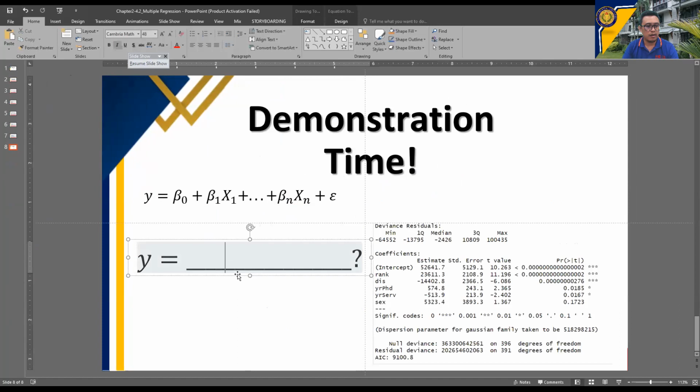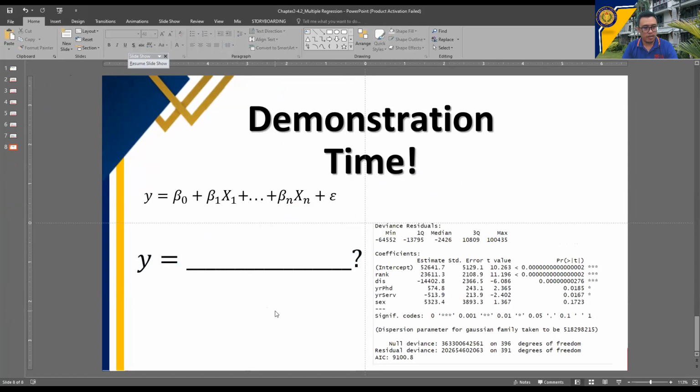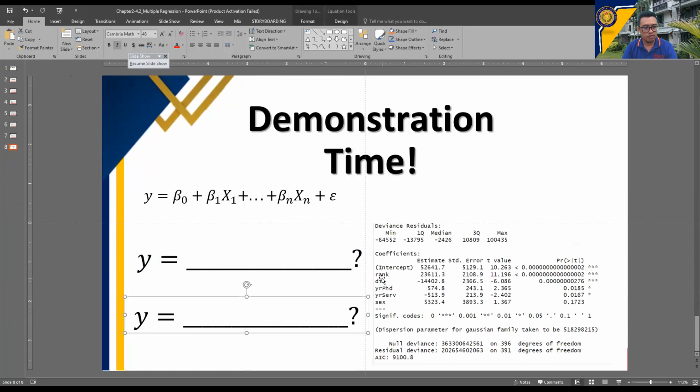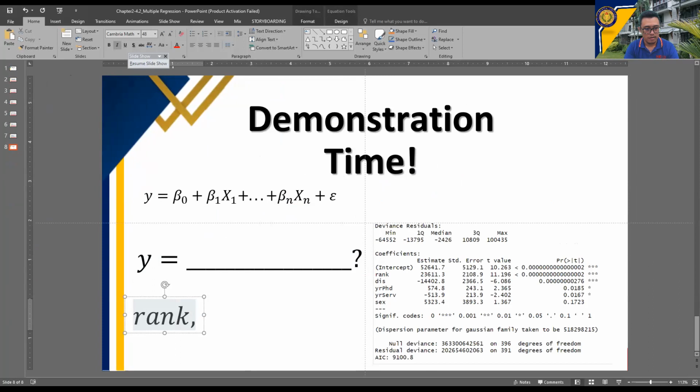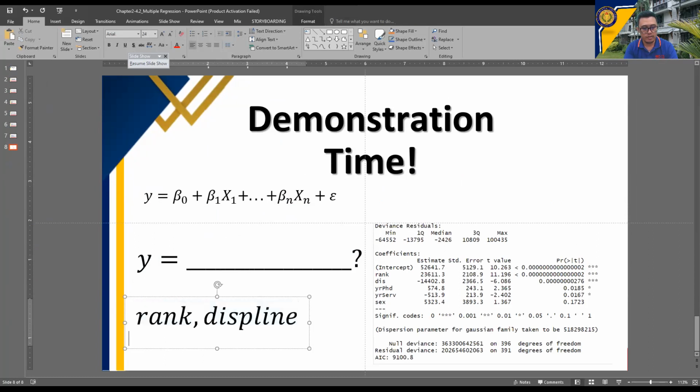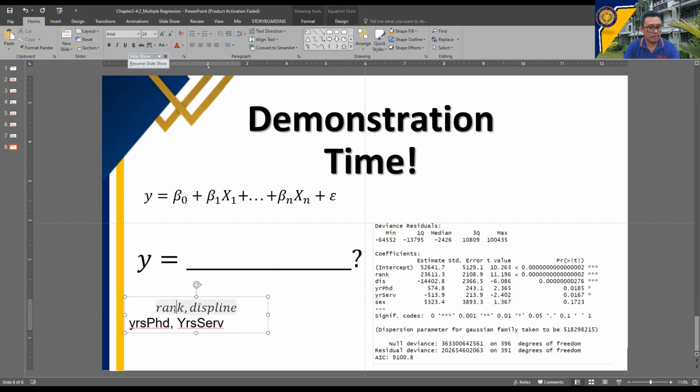So what are those variables that have significant relationships? Say the rank and the discipline, and of course the years in PhD and the years in service. So these are the variables that are actually related.